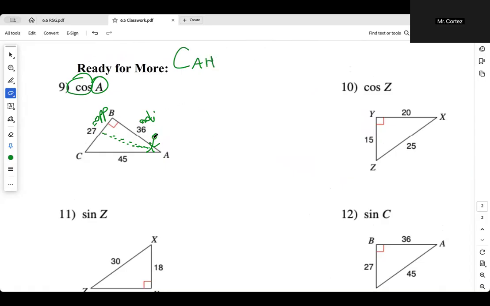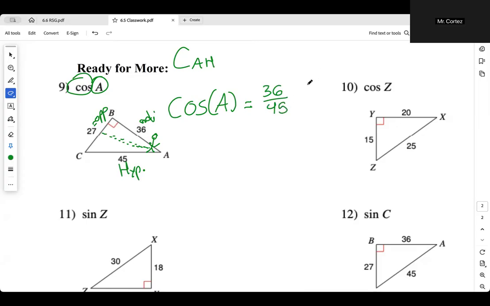So this is allowing us to say that cosine of angle A should be our adjacent over the hypotenuse. And what's the hypotenuse? Hopefully you said 45. So we're allowed to summarize this and say that for whatever measurement of angle A, when we apply that in cosine, that should be equivalent to 36 over 45.